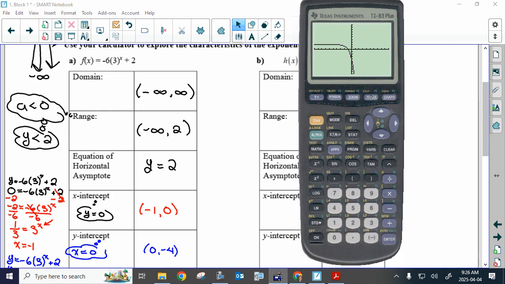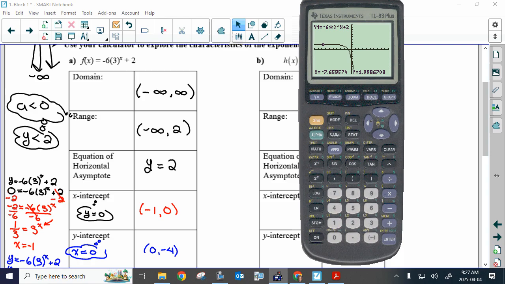And if you can't totally tell, if you just push the trace button, you can look at what y value I'm getting really close to, but it looks like I'm not quite touching it. You can see that you're approaching the 2, right? I can see that I'm going from negative infinity up to the 2. So just know that y is less than 2 is the same as negative infinity up to the 2.